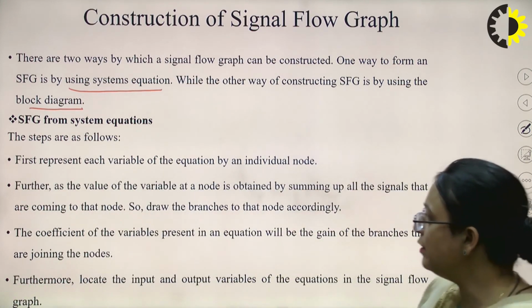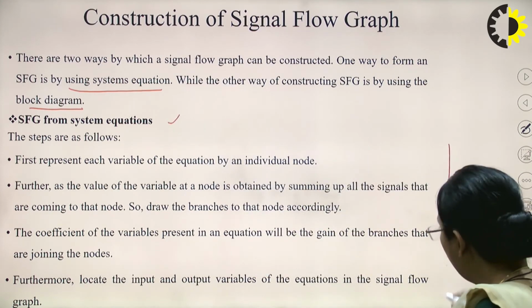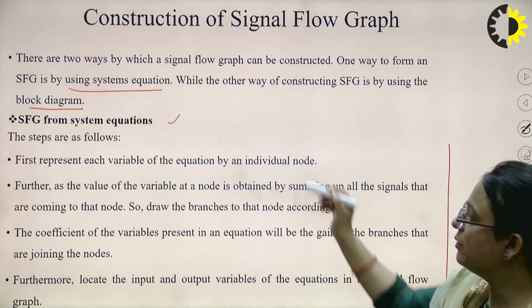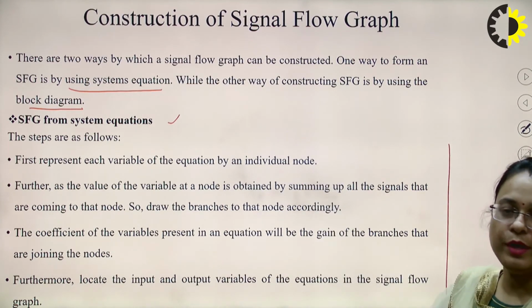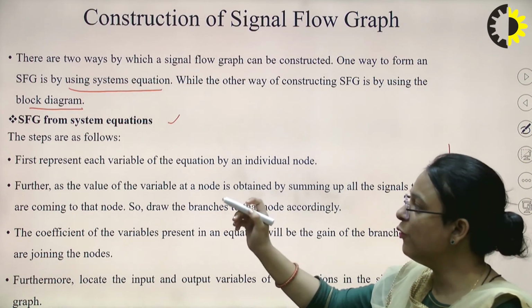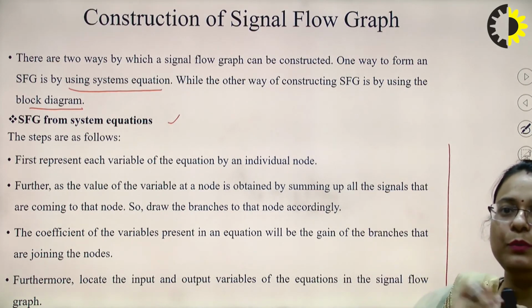The first one is when we have the system equations with us. While drawing the SFG from the system equations, these steps must be kept in mind. First of all, represent each variable of a system by an individual node.